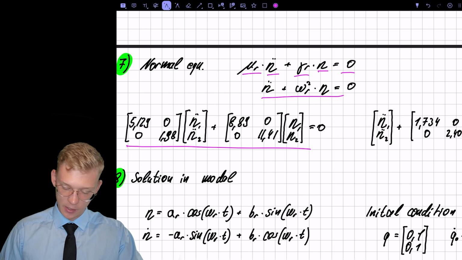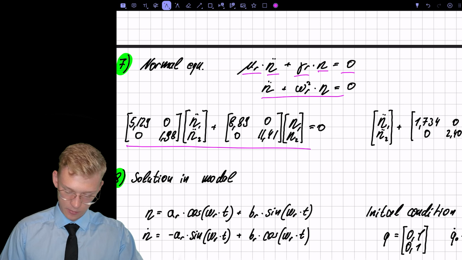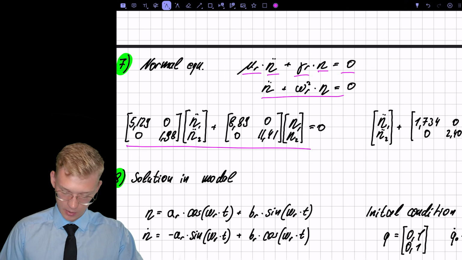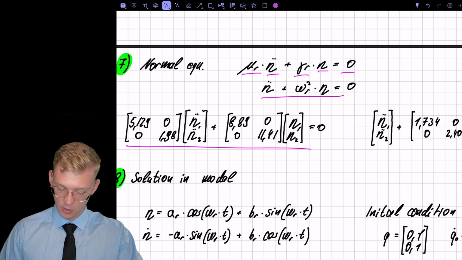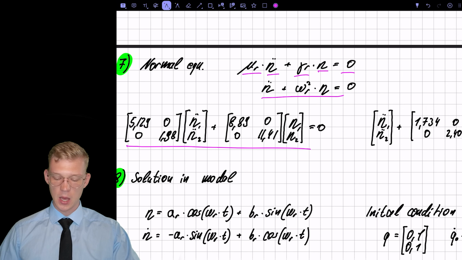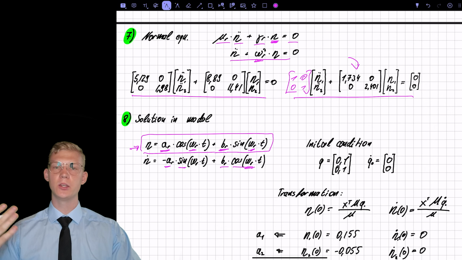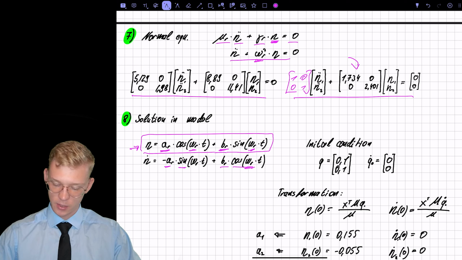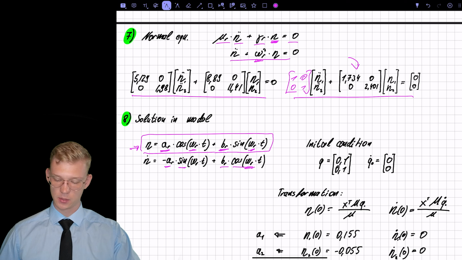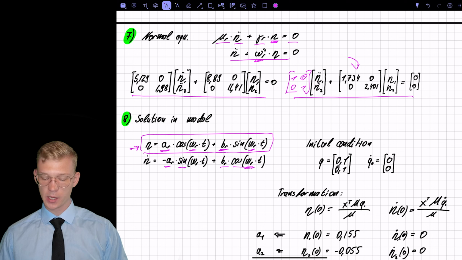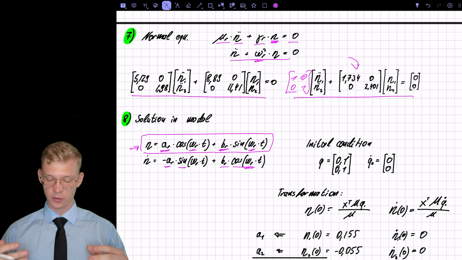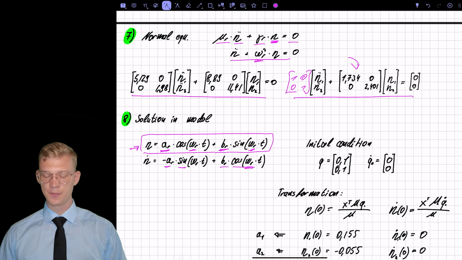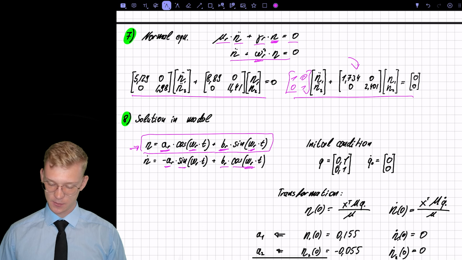Here we have again the eigenfrequencies, and the same for the eta dot. We have a's, and here we have the sine, here we have the b's, cosine with the eigenfrequencies. But to solve this system, we need initial conditions, because we have a derivative twice in time. So we need the initial conditions to then determine those constants.